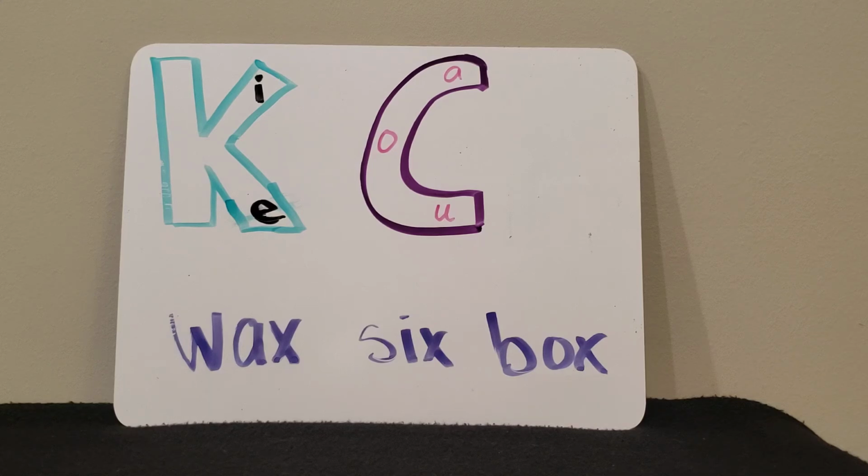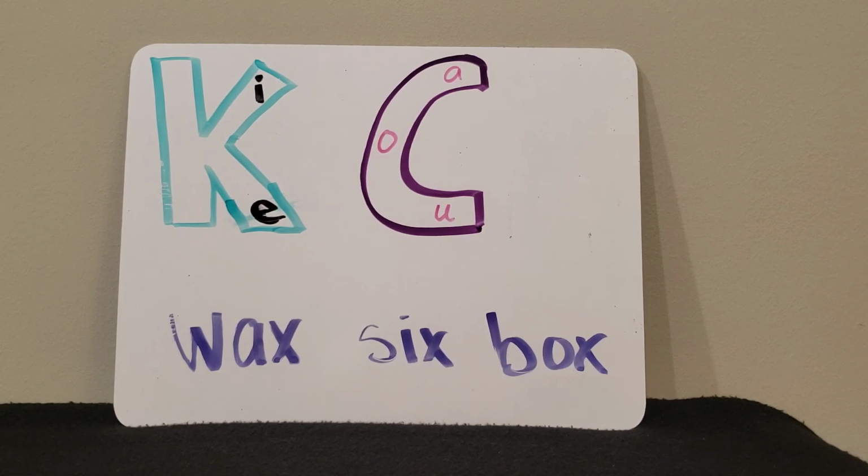But make sure that you remember that this is very important, and it will help you in spelling. Okay? So remember that K comes before I and E. C before the other three, A, O, U. Okay, remember that's a very important rule. And that'll make it easier for you when you need to spell.